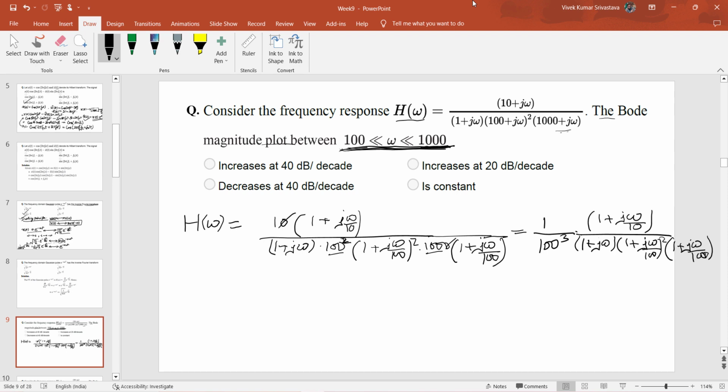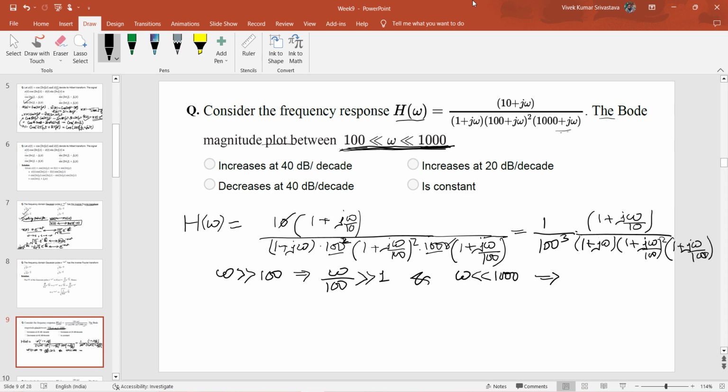Okay, so from here we can say that omega is greater than 100, so omega by 100 is greater than 1, and omega is less than 1000.